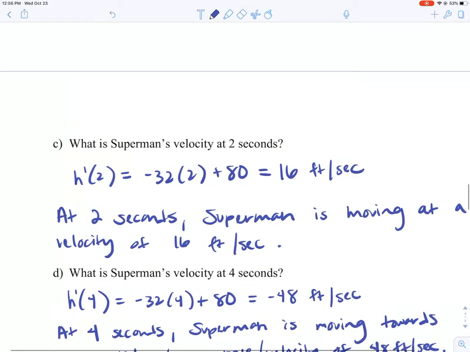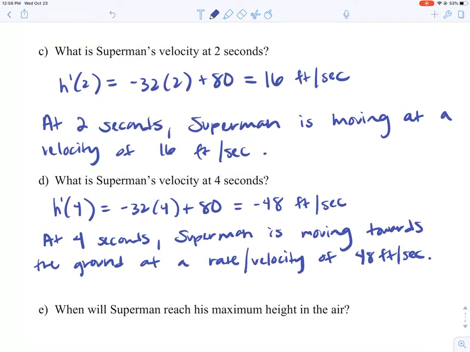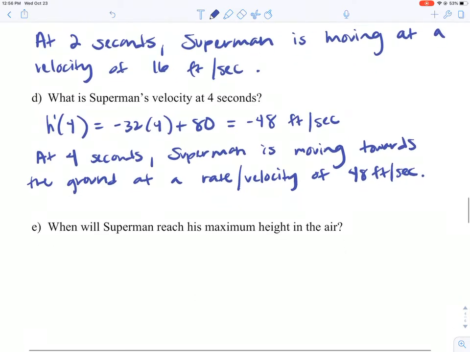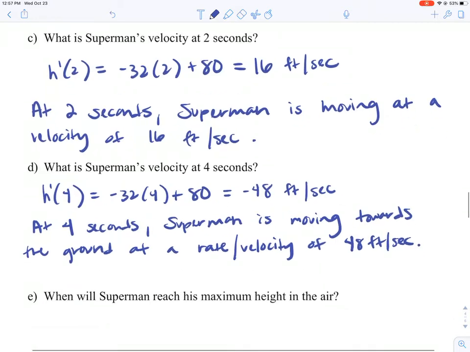For part C, we should have implied direction, like traveling into the air, because velocity has both magnitude and direction. His speed would be 16 feet per second at 2 seconds, and 48 feet per second at 4 seconds, but velocity also has to have direction in there.